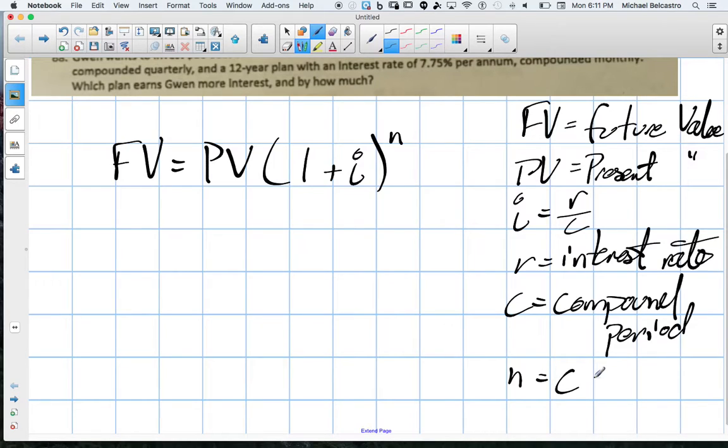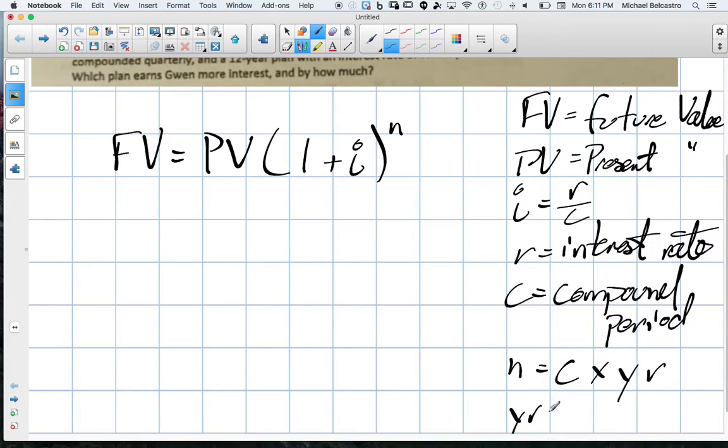It's your compound period times the number of years. So C we've already defined. YR is years. So there is a ton of variables involved here. We just have to know what each of them stand for. Really, I could have broken this I into R over C and this N into C times YR. Those are both actually the equivalents of these, but they tend to just represent them with those two variables instead.